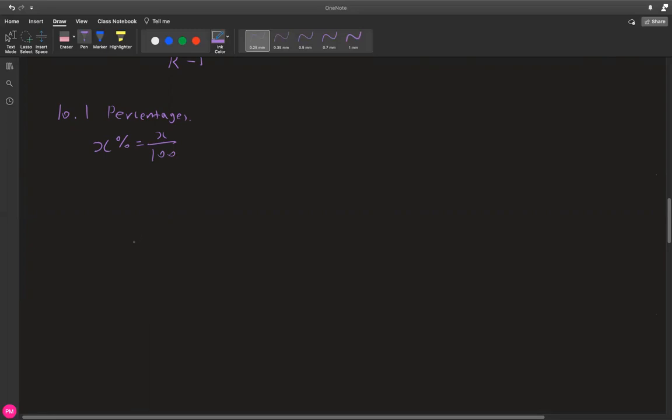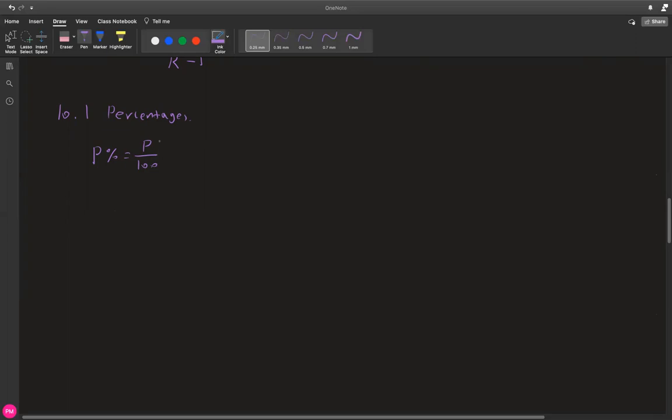So let's just say P. If it's P percentage, it's simply expressed as P over 100. This is to express the percentage as a fraction.